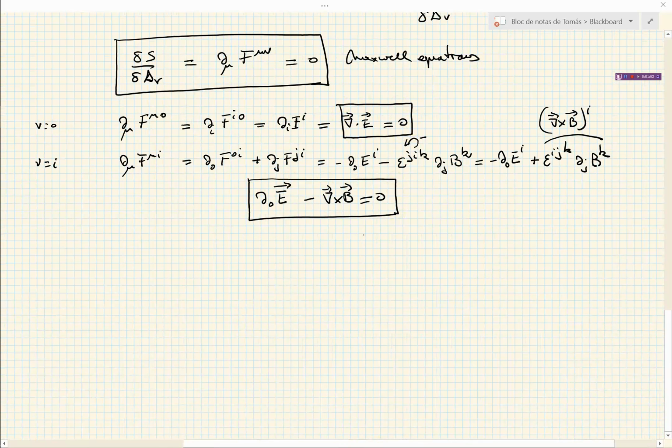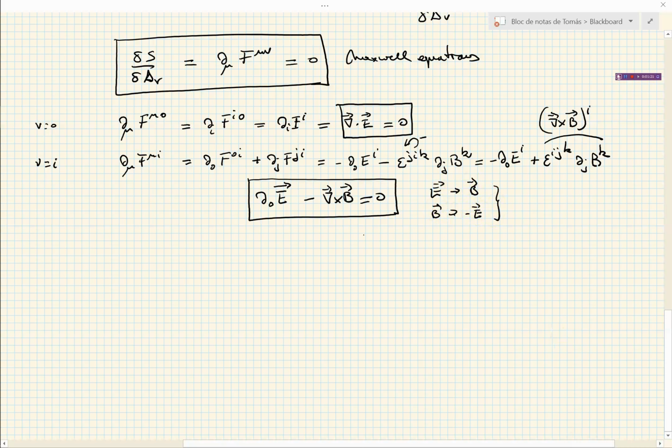Okay, so these two equations and the other two are related by E going to B and B going to minus E, which is the electromagnetic duality transformations that I mentioned before.